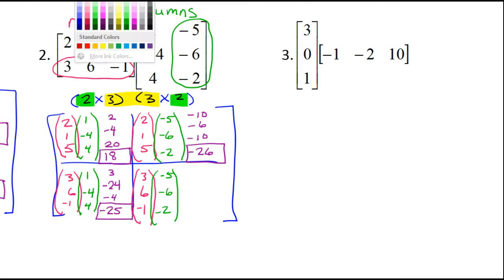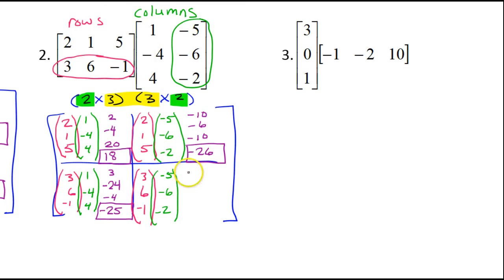If I multiply these together, I'm going to get -15, -12, and +2. -12 and +2 is -10. -10 and -15 is -25. So this will be the entry in the second row, second column.